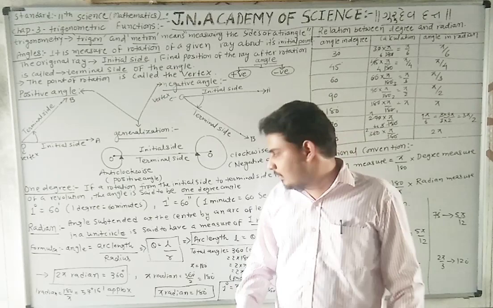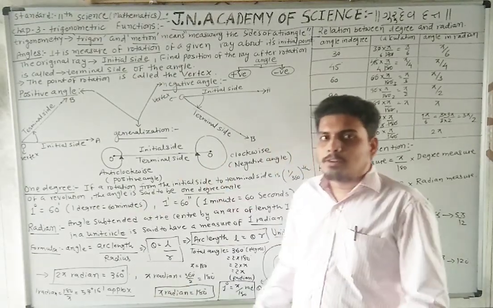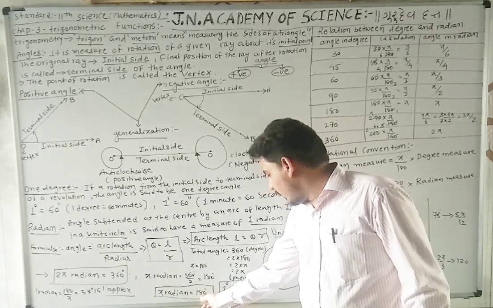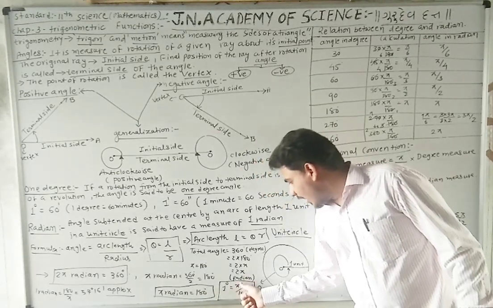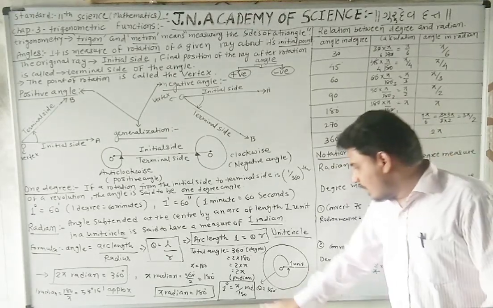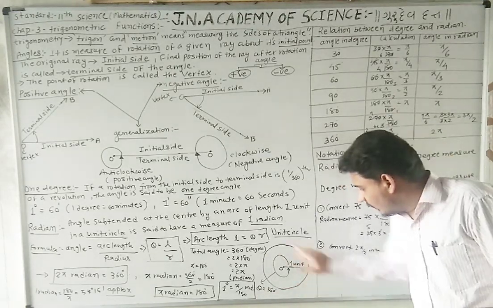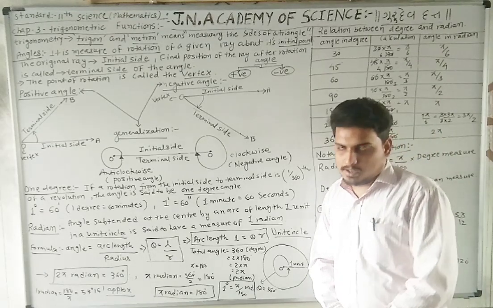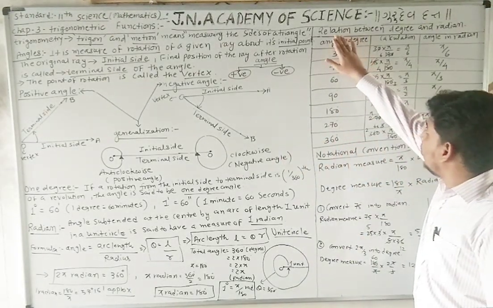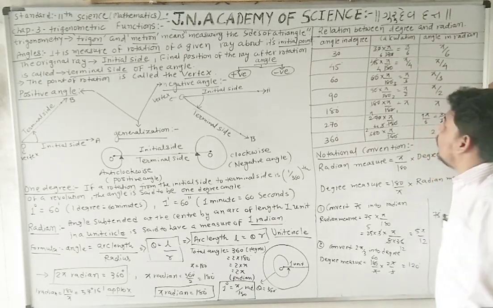If 2 pi radians is 360, then pi radians is 360 divided by 2, which gives 180 degrees. So 1 degree means pi upon 180 radian, and theta equals 360 degrees for the total rotation of the unit circle.